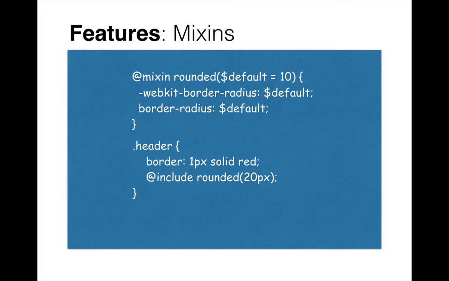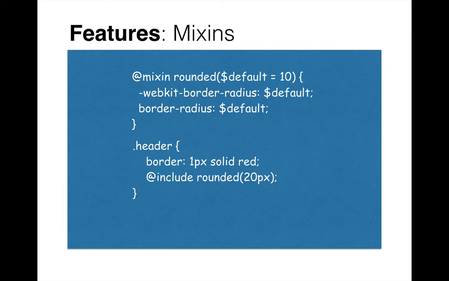For instance, I have a header element, and besides styling the border, I tell Sass that it will include my rounded mixin, and I am sending 20 pixels as the size of the rounded corner.